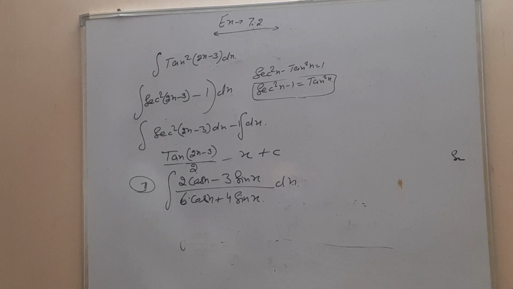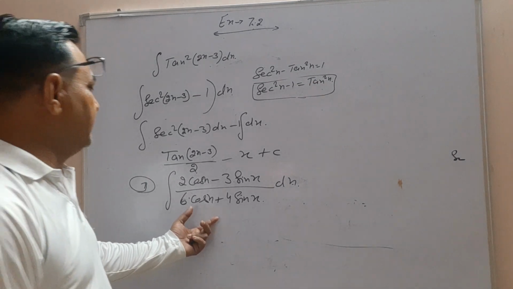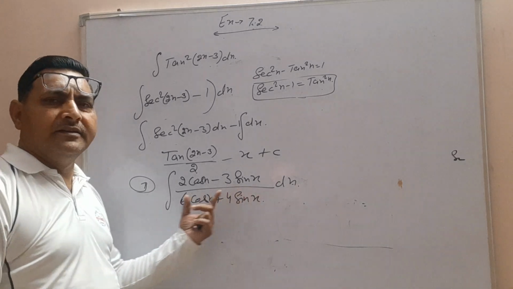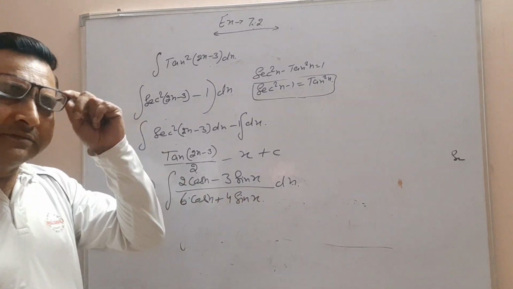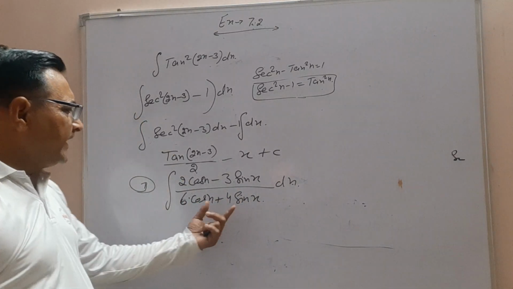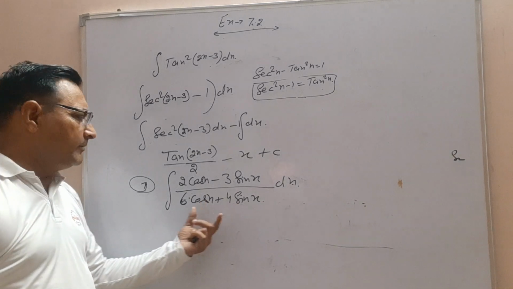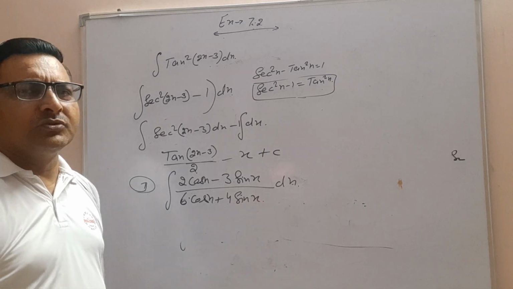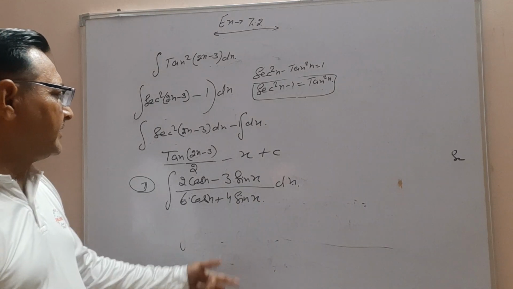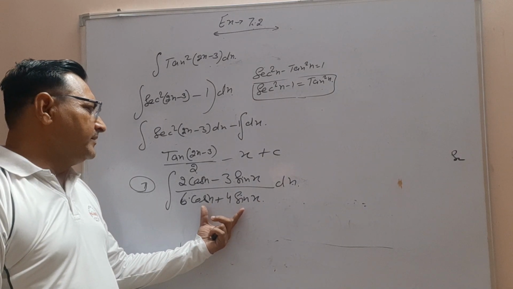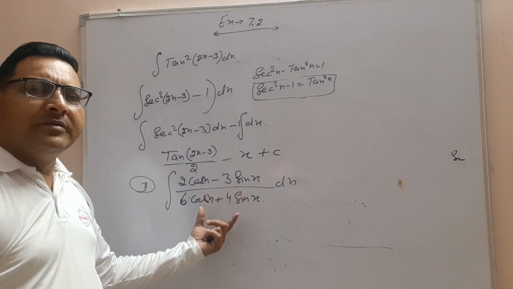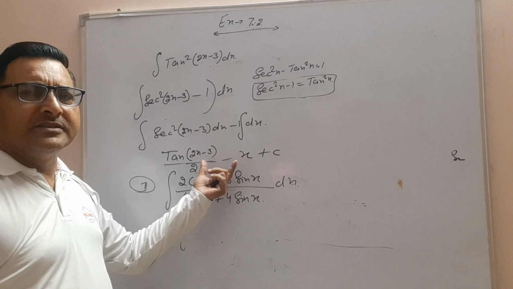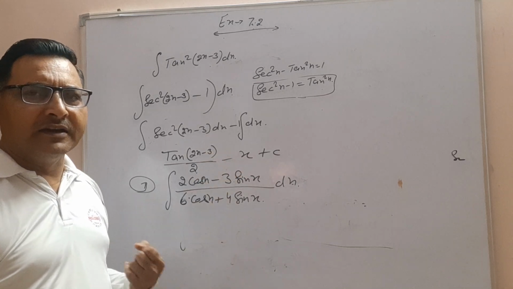Now look in this question. Here, if we put this value in the denominator is equal to t, and we can take 2 common from here, so what it will be? It will be 3 cos x plus 2 sin x. And if we put this value equal to t, we will get this numerator as its derivative.